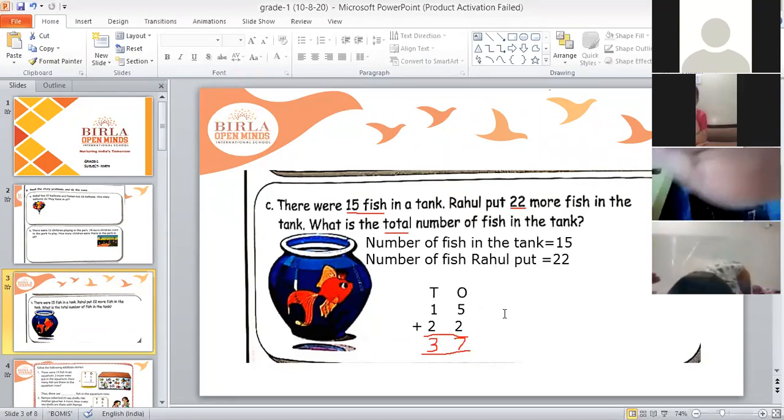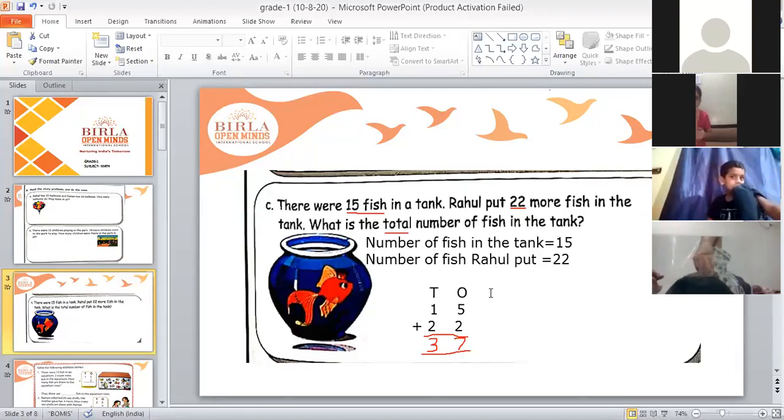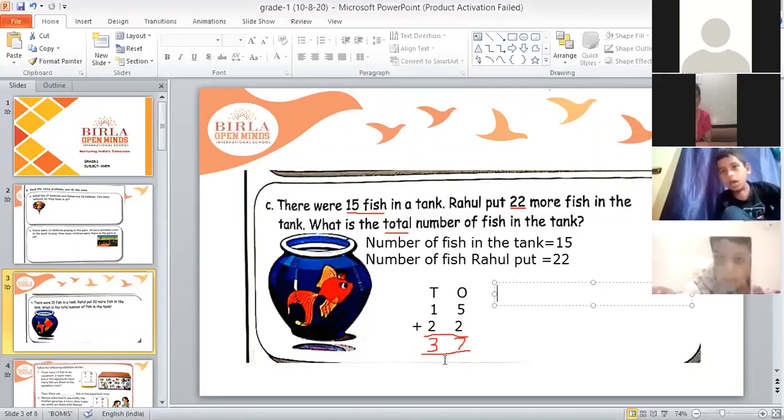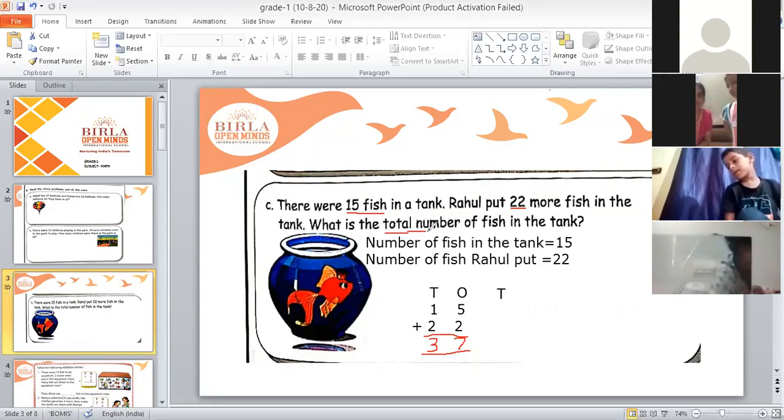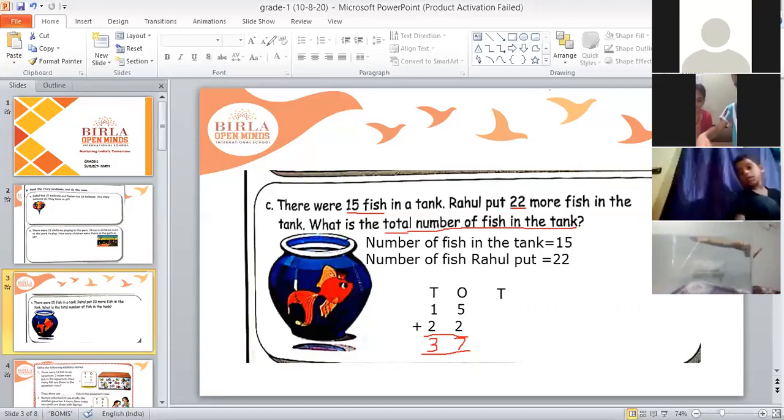Now we have to write the last statement. Again, I don't have space, so I'm writing here. You all can also write where I am writing if you don't have space. Otherwise, you can write below this 37 also. We will get the statement from the question only. We will write from this question: total number of fish in the tank.